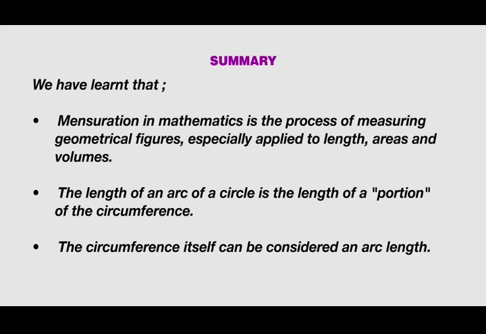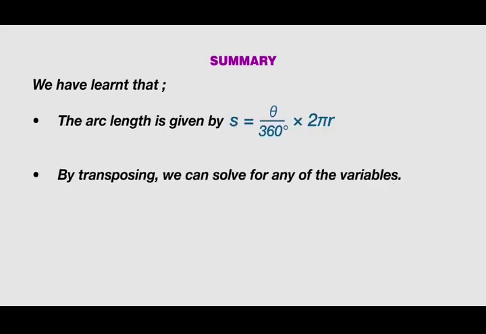Again, the circumference itself can be considered an arc length. We also learned that the arc length is given by the formula S is equal to theta over 360 times 2 times pi times r. And we said when you take this formula, you can transpose and it will help you to find any of the variables in the formula.